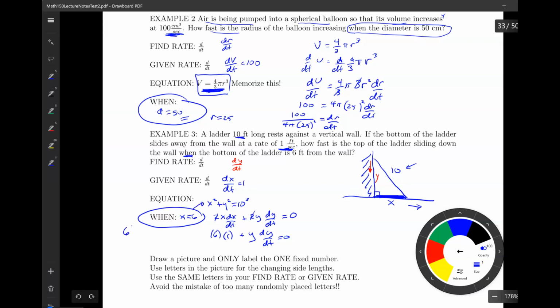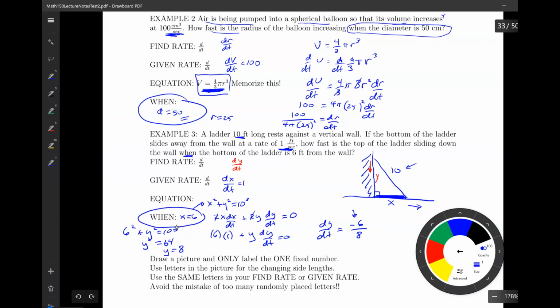So if I use 6 inside here, so I get y squared, so that's 36 subtracted, so 100 minus 36 is 64, sorry, 64. So then y is equal to plus or minus 8. I'm choosing the positive one because I'm talking about a distance. So solving for dy dt, dy over dt will give me a negative 6 over 8.